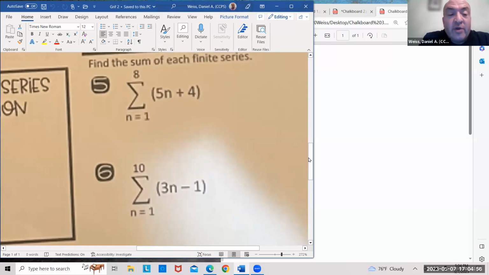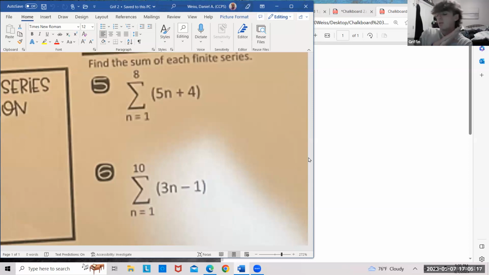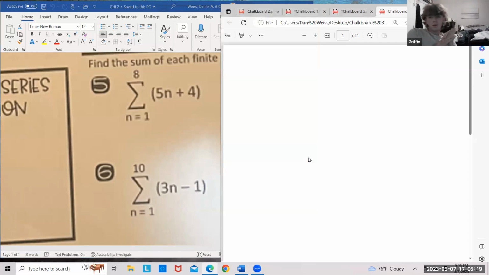So what you have to do in number 5 is you put in 1 for n, then 2, then 3, then 4, 5, 6, 7, 8, and then you add them all together. There's no shortcut, and all I can say is I'm sorry. I have to do it 8 times, basically. Yes.